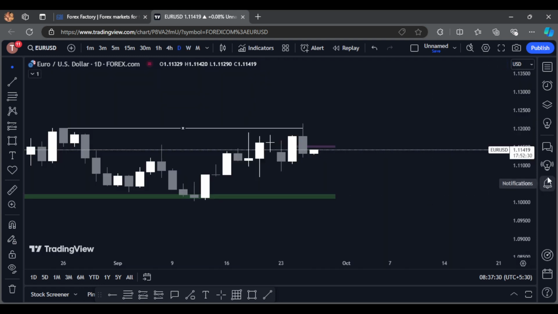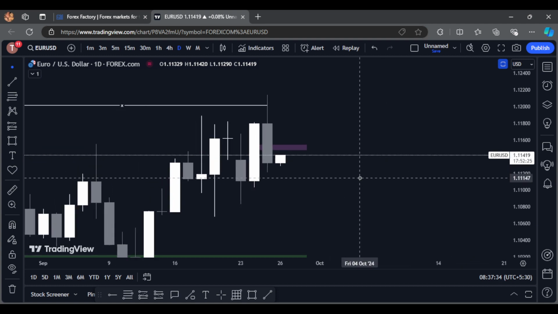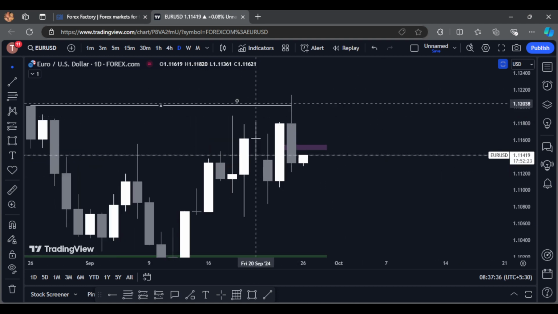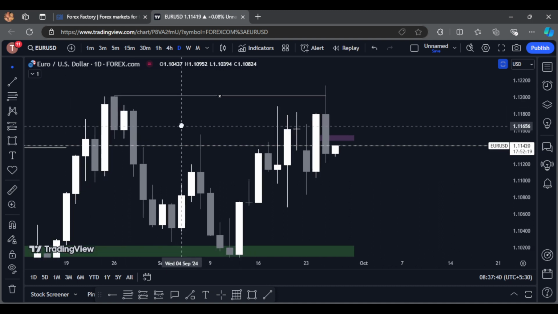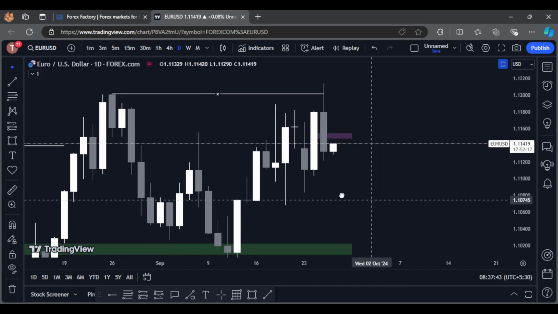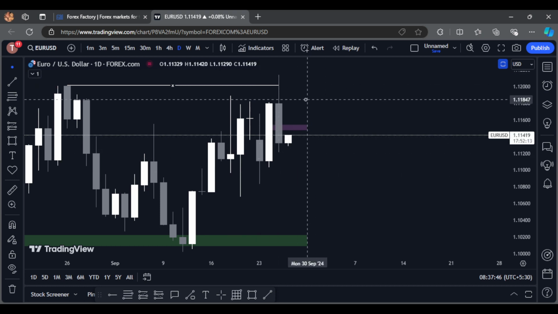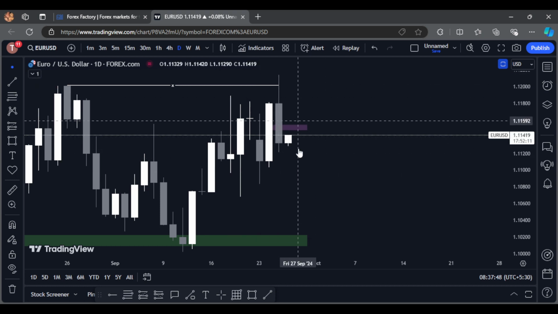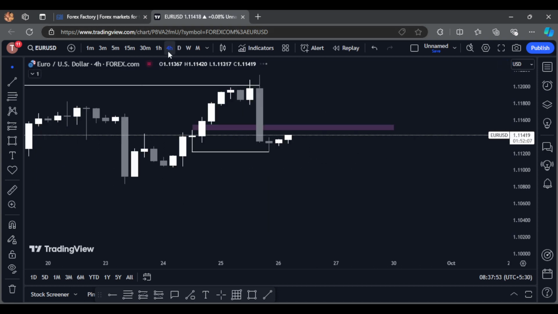So let's move to the dailies to see what we have within it. So this is the daily chart, and right now the price had swept the high of the previous monthly levels and moved into the downward direction. So we are within this daily range where the price is reluctant to go higher or lower than this level. So let's move to the 4 hours now.